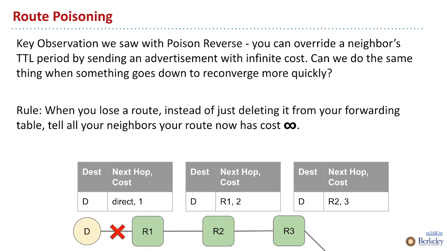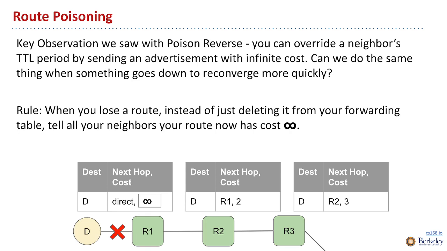And so we can walk through a case here where we had our valid setup: R3 sends to R2, R2 to R1, R1 to D. And unfortunately, this link goes down. So R1 to D goes down, and R1 is going to detect it, and so it sets its cost to infinity.